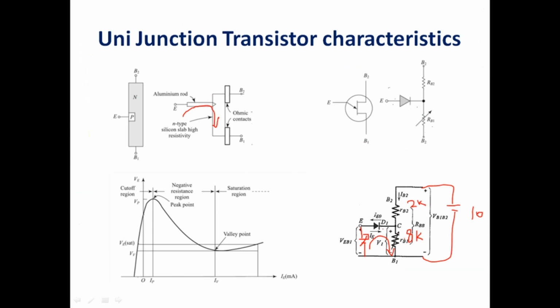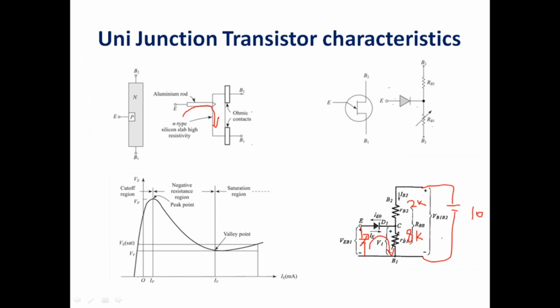Assume that this is not forward biased. So my question is, how much voltage should I apply here to forward bias this? Because if you apply Kirchhoff's law, the voltage applied between these two should be more than the barrier potential of 0.5 plus the drop across this resistance, to forward bias this diode. What is the drop across this resistance?